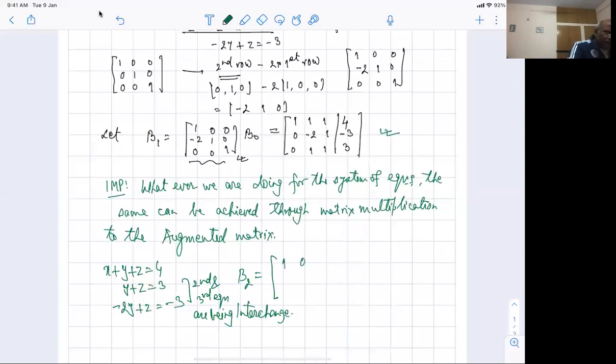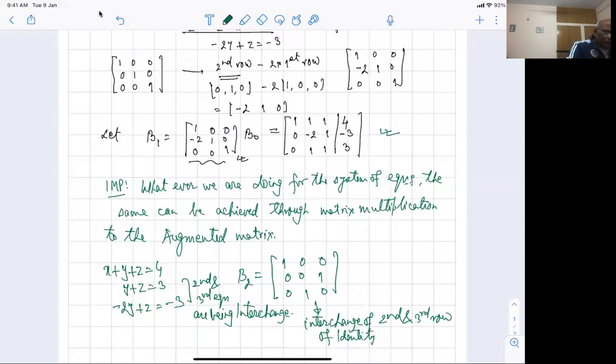So the first row remains as it is of the identity matrix. The second row becomes the third row, and the third row becomes the second row. This is the interchange of second and third row of the identity.